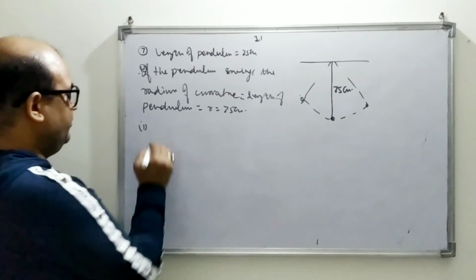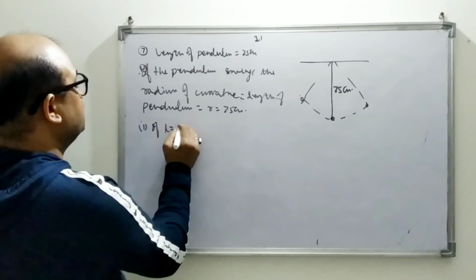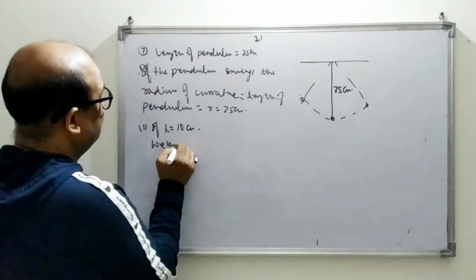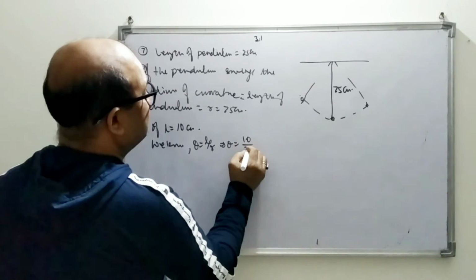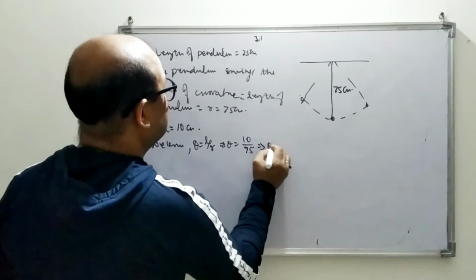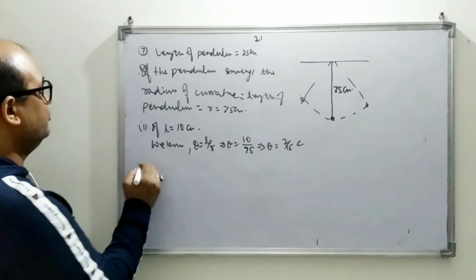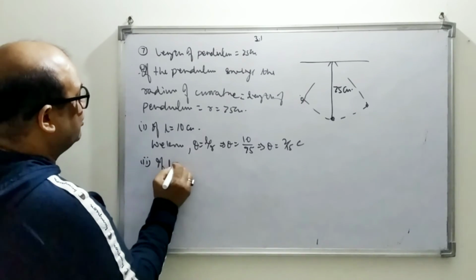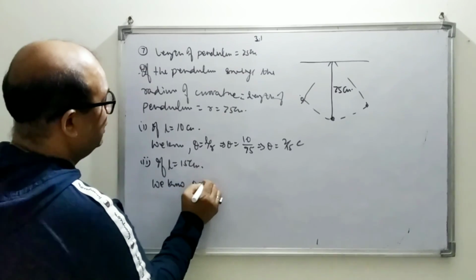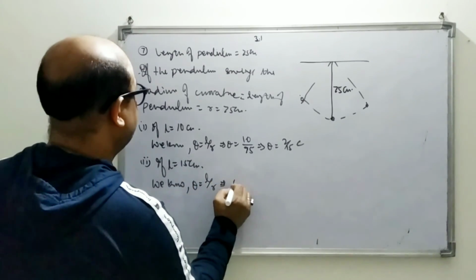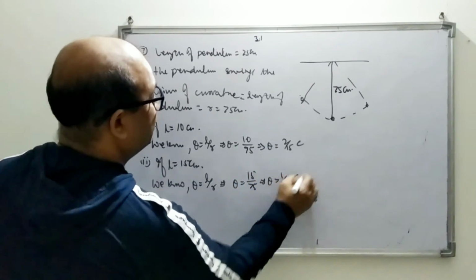Now first case, if L equals 10 centimeter, we know theta equals L by R, theta equals 10 upon 75, that is theta equals 2 by 15 radian. Second, if L equals 15 centimeter, theta equals 15 upon 75, that gives theta equals 1 by 5 radian.